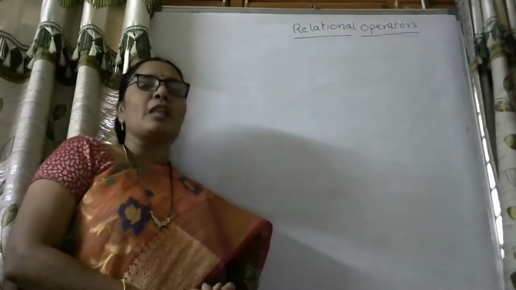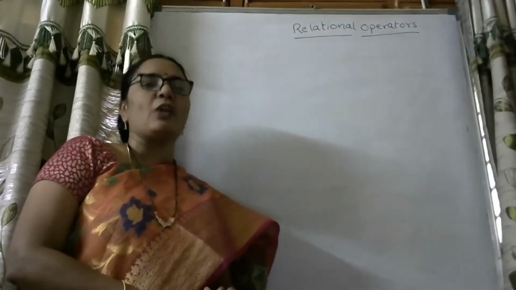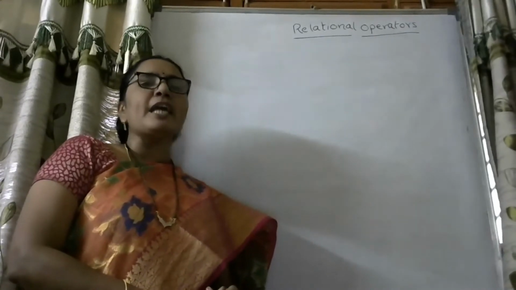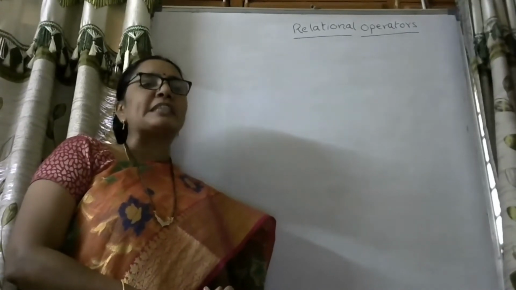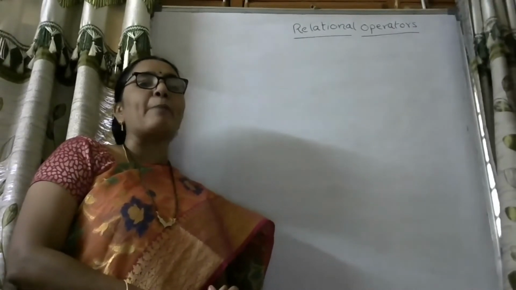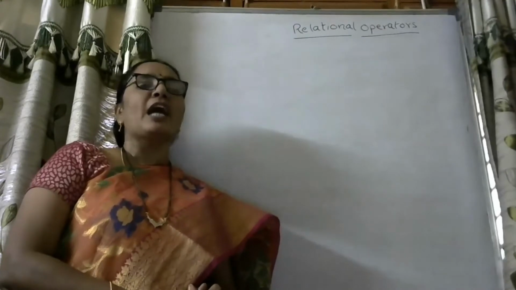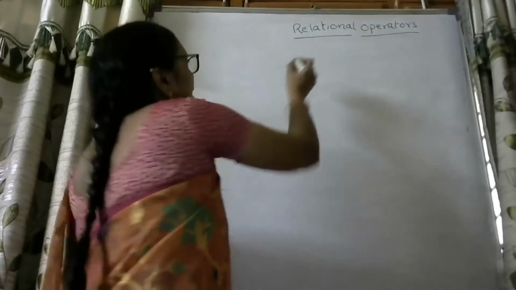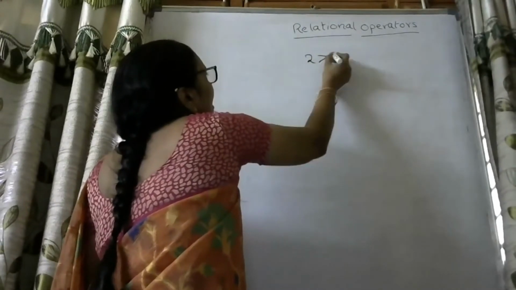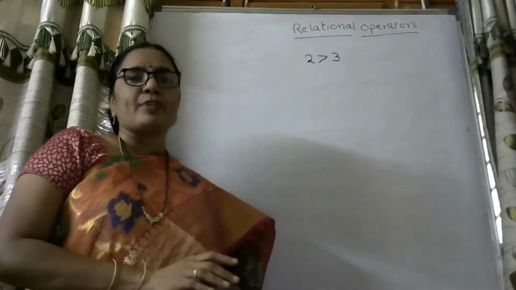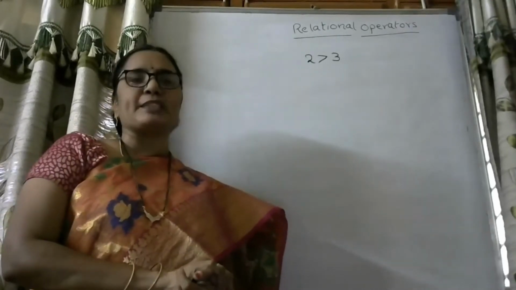Relational operator, let me define what is a relational operator. Relational operator is an operator which takes the numerical values as an input and produces the Boolean result as an output. That means if I write an expression 2 is greater than 3, it is a relational expression.